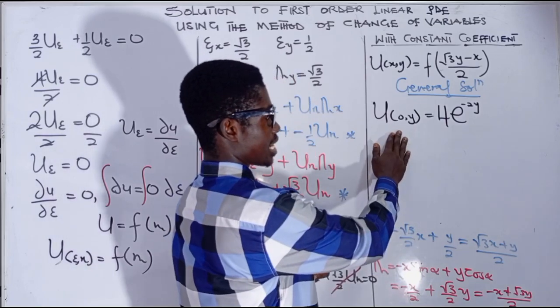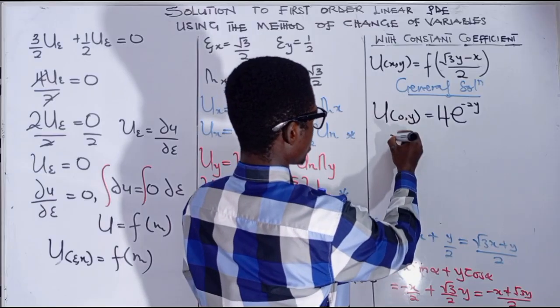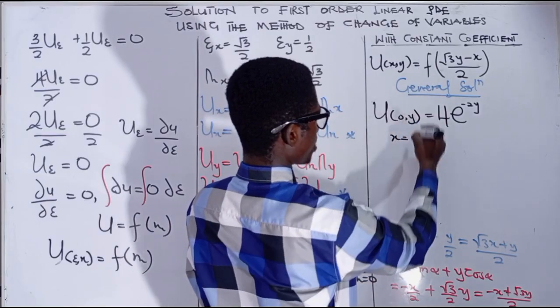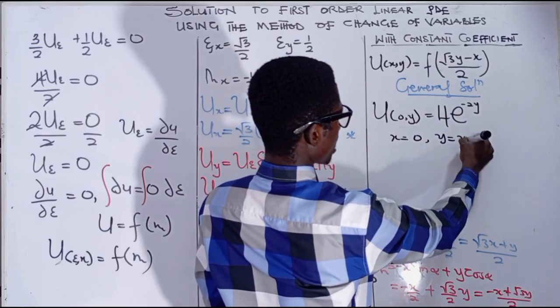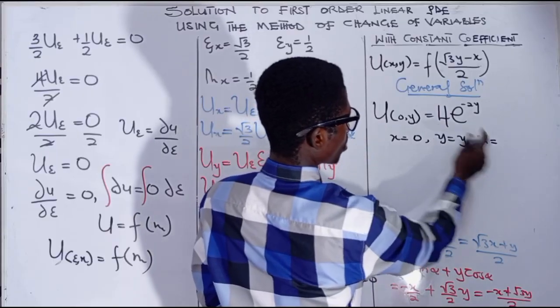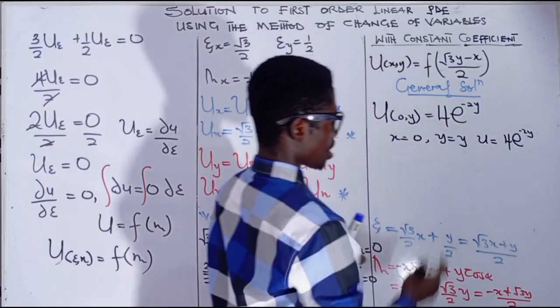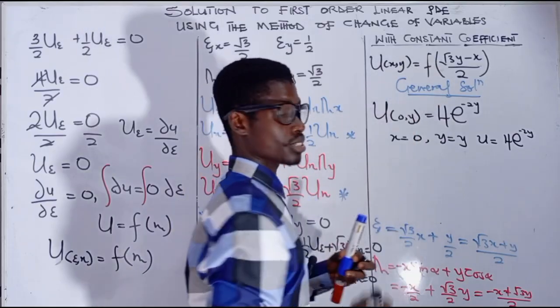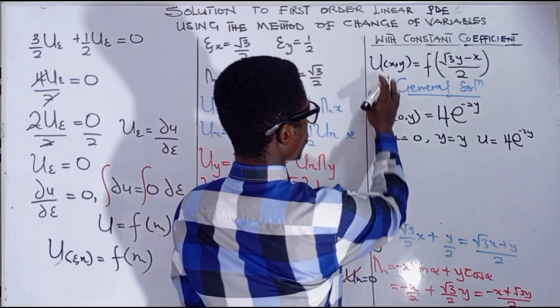So with this initial condition given, it means that wherever we see x in the general solution, we plug in 0. Wherever we see y in the general solution, we plug in y, which is this. And then wherever we see u in the general solution, we plug in the whole of this, 4e^(-2y). So we are going to plug this in the general solution to help us find the particular solution to the equation given. So our u is what?